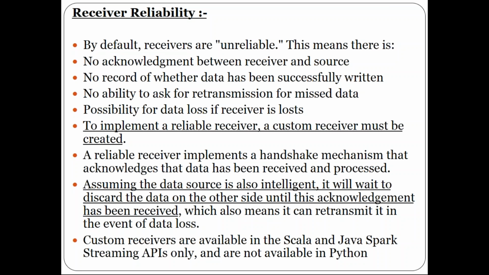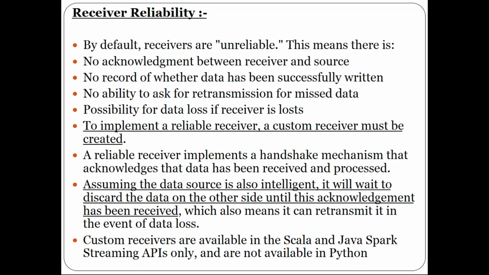Now, to implement reliable receivers, a custom receiver must be created. This custom receiver implements the handshake request that acknowledges the data that has been received and processed. Fair enough. Assuming the data source is so intelligent, it will wait to discard the data on the other side until this acknowledgement has been received. That is the smartness and greatness of the reliable receivers.